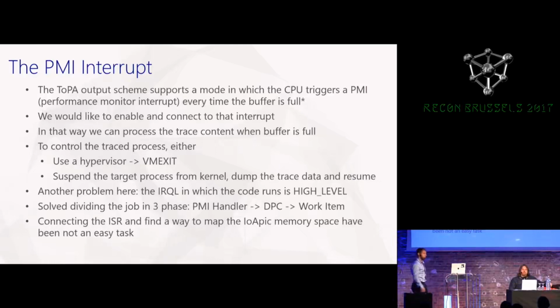When the PMI interrupt is raised, we suspend the target process, dump the physical memory, and then resume. We had some problems implementing this because, as you probably know, all the interrupts inside the x86 architecture run at a very high IRQL. And this is quite a problem because from that code you can't do quite anything.